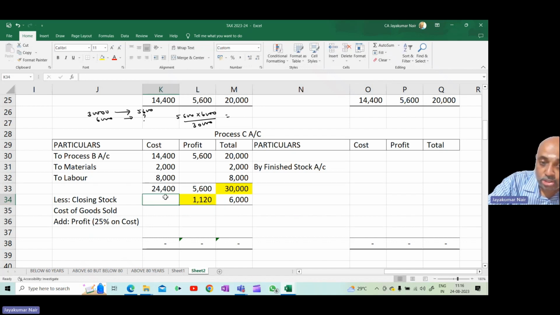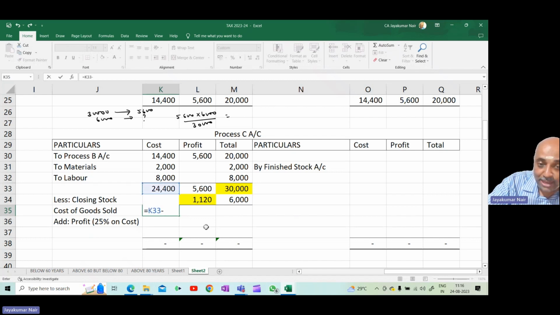So what is the cost? It is 6,000 minus 1,140, which will give you 4,880. So this is the value of stock that you have calculated.